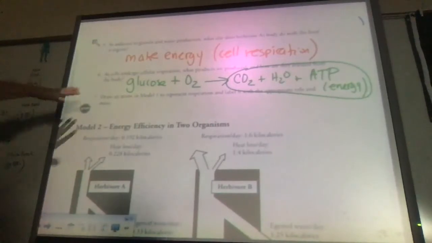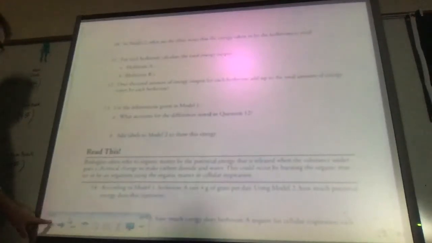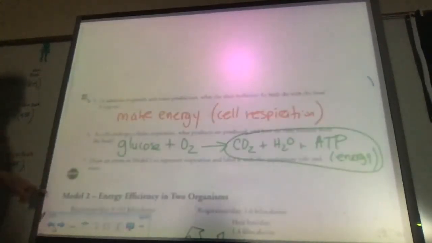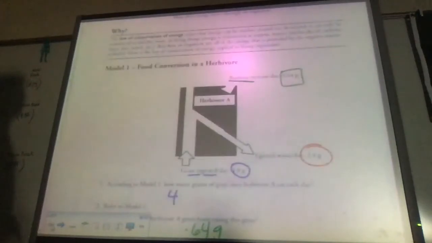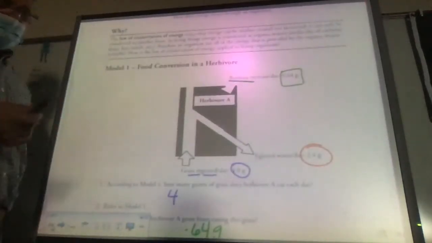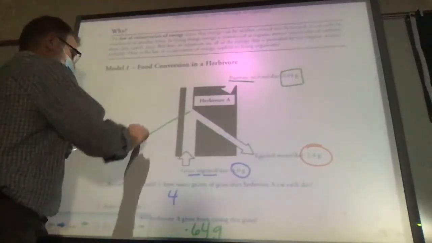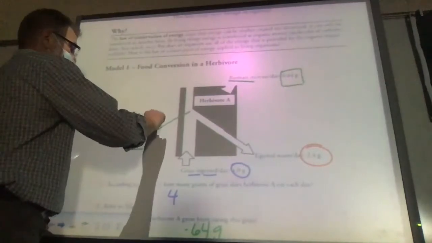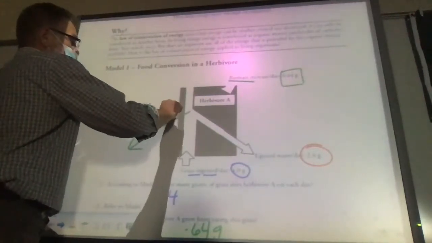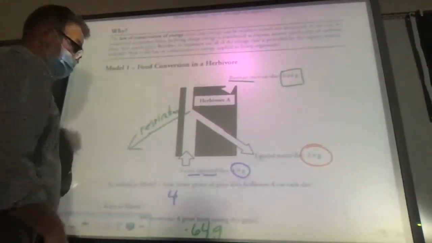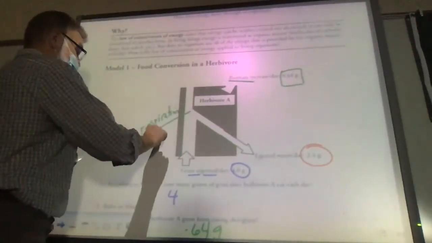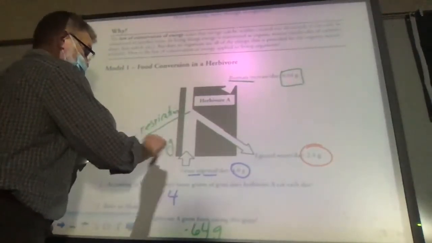So then it's saying go back to model 1 and add this to the drawing. It doesn't necessarily matter where you put it. It just has to be coming out. The arrow needs to be pointing out. We will label that respiration. And we know from the calculation at the bottom of the page that that was 0.96 grams.